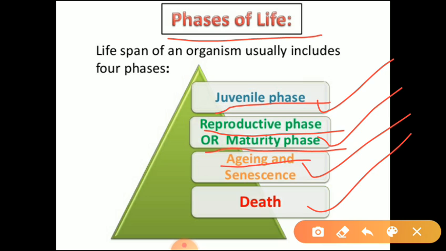Then the third phase we can call aging and senescence. First we can discuss what is senescence. Senescence is a permanent state of cell cycle arrest. That means cell function or cell cycle will stop its function during this phase.